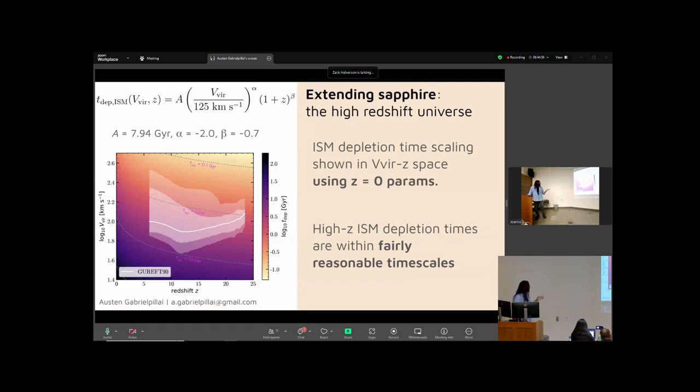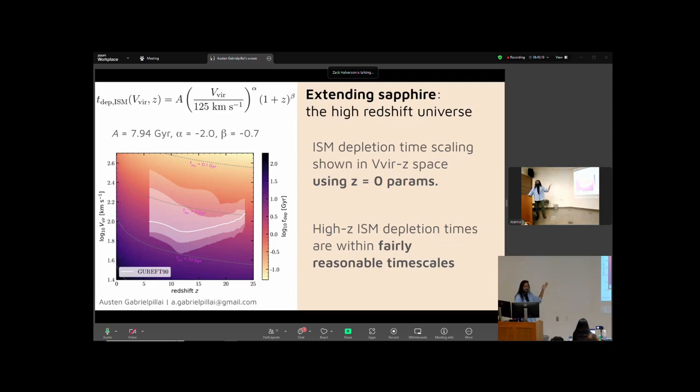So I've created a grid of redshift versus virial velocity, and coloring by the log of the depletion time. And then overplotted are these various contours which help guide the different values that you'll be seeing of 0.1 gigayear, 1 gigayear, and 10 gigayears. And the white shaded region, as well as that white line, are the actual data from GRAPH 90.